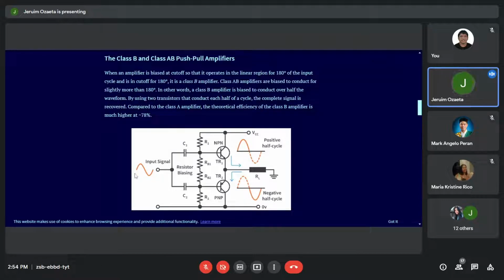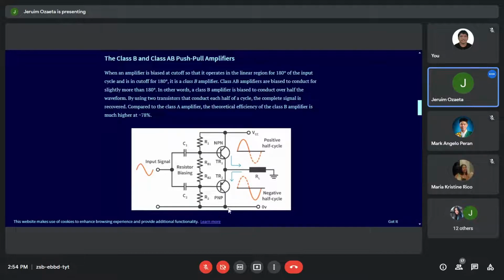By the time the input signal crosses zero, at the horizon, we call this line the zero crossing line because that is the zero amplitude value, and then it starts to go down. That will be the time that transistor 2, which is PNP, will conduct because the base is negative.